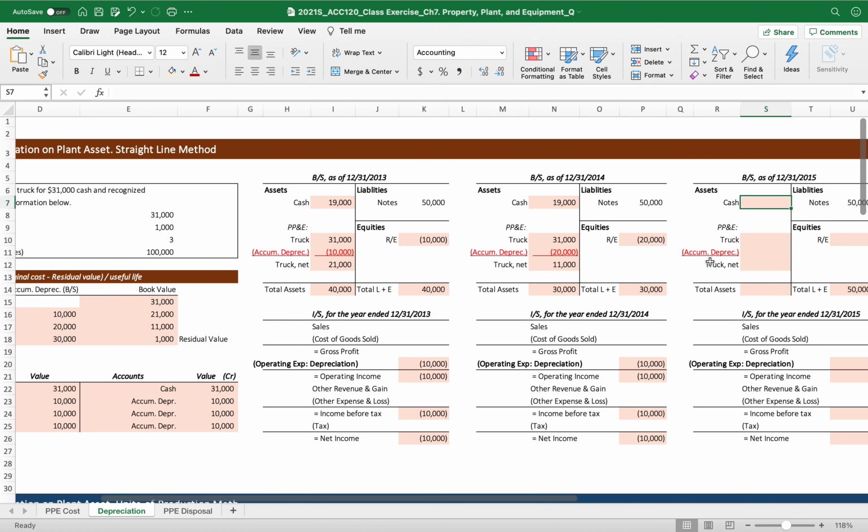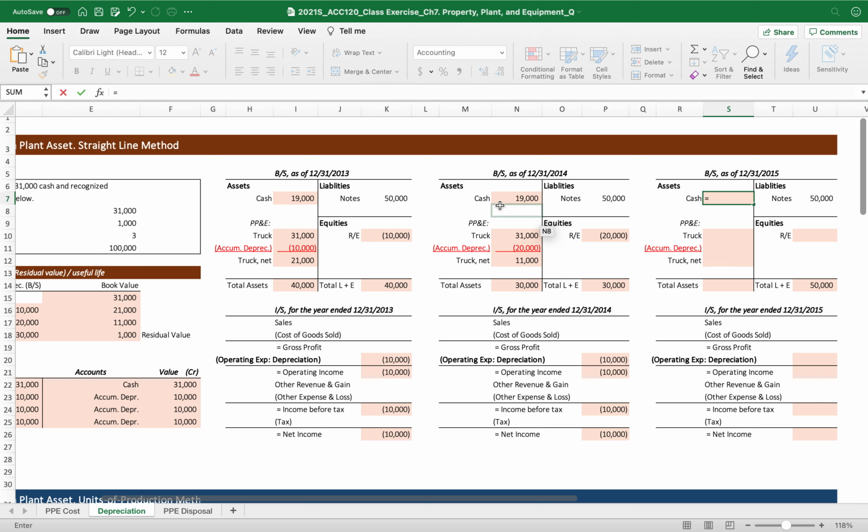Finally, for the last year, the balance sheet and income statement: the beginning balance of the year 2015 should be the same as the ending balance of 2014. So we put the same amount as the beginning balance of 2015.